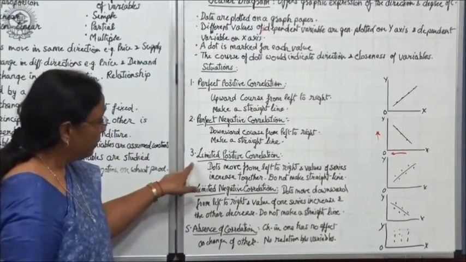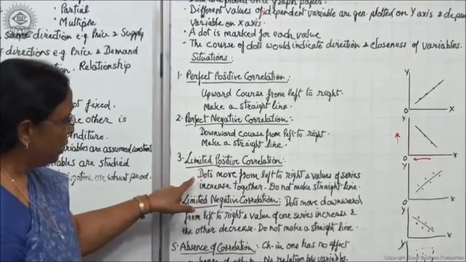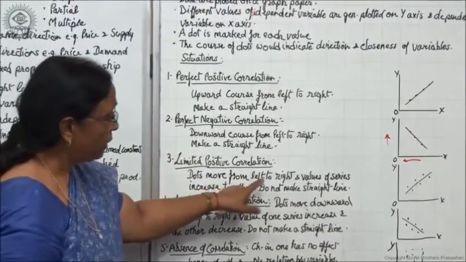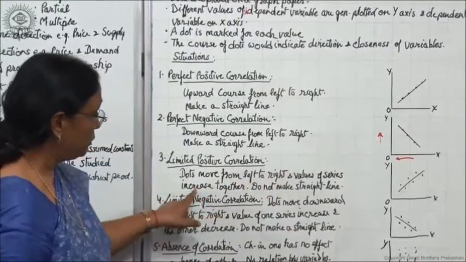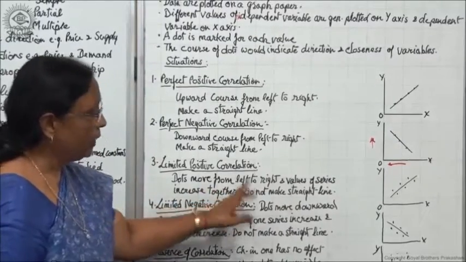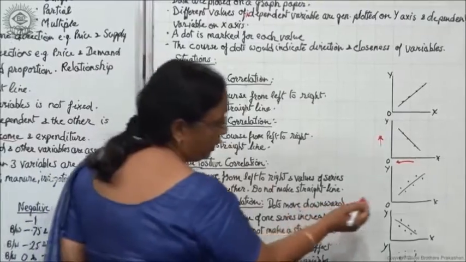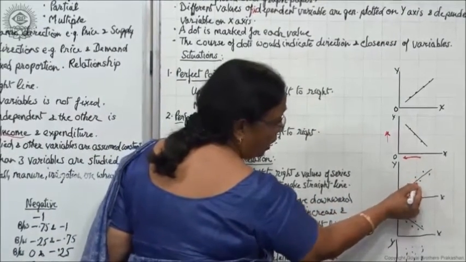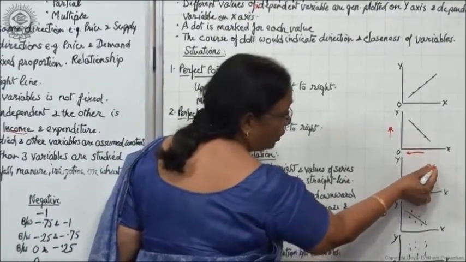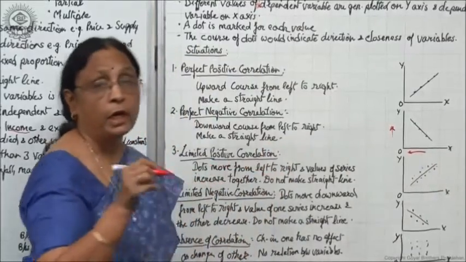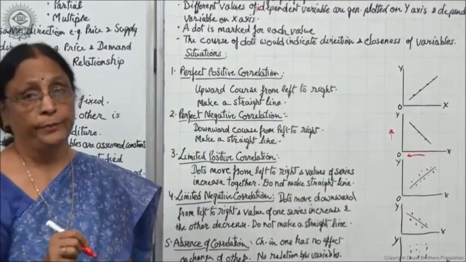Third is limited positive correlation. Dots move from left to right and values of the series increase together, but do not make a straight line. Now here, limited positive correlation, as you see here, dots are close to the line but they are not on the line.